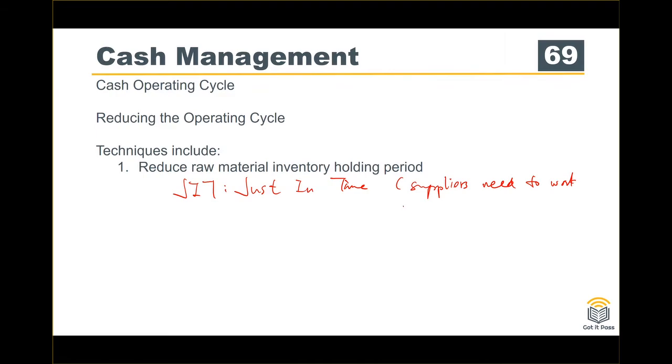Your supplier needs to work with you if you would like to have a just-in-time inventory management system. Also, you can reduce the different parts or components of your products. It means you have to change your design to optimize the inventory, to optimize the whole working capital requirements.